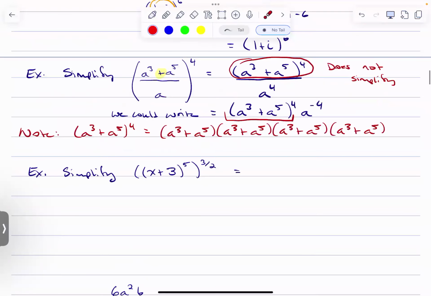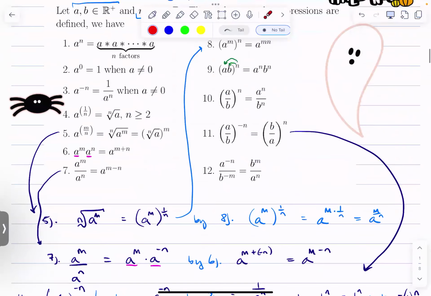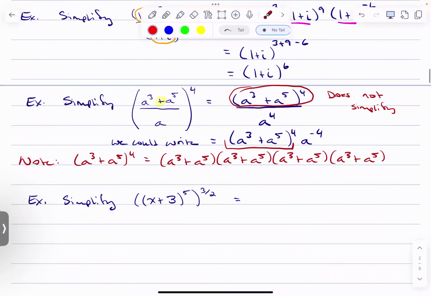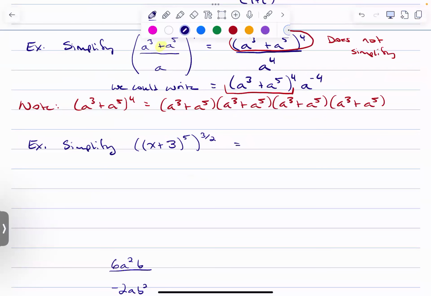Then you can replace it with a temporarily if you'd like, but the power of m over n is really going to be the nth root of a to the m. So what I'm going to do is just keep the x plus 3 to the power of 5 as one thing for now. Okay. And I'm going to keep it inside the root.